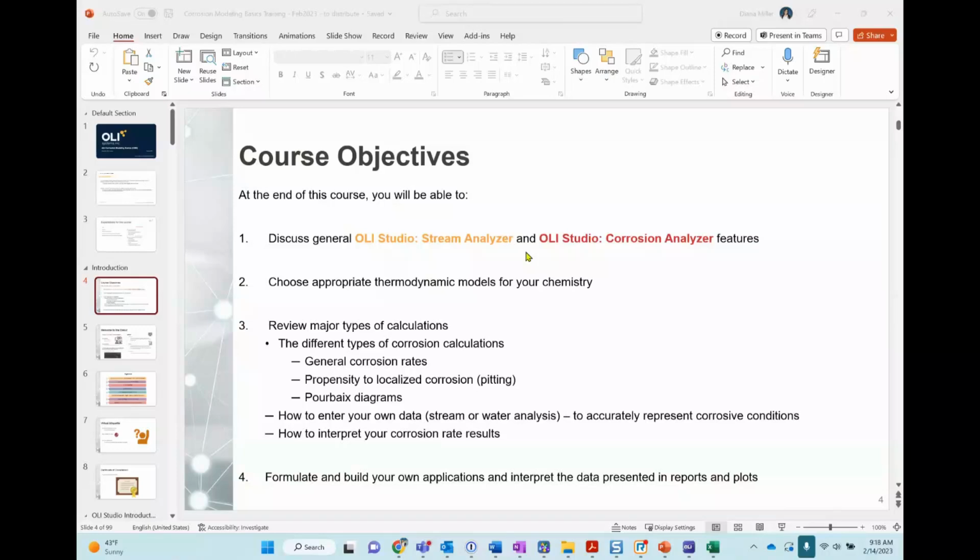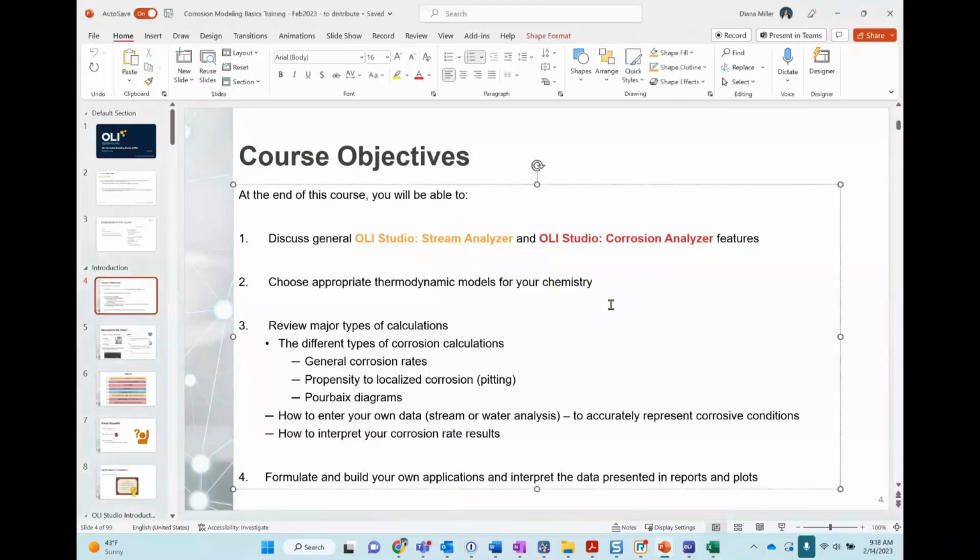You will also learn how to select the appropriate thermodynamic framework available in the software. Depending upon the needs, you can use different thermodynamic frameworks, but when working with the Corrosion Analyzer, to date, we only use one framework, the AQ thermodynamic framework.